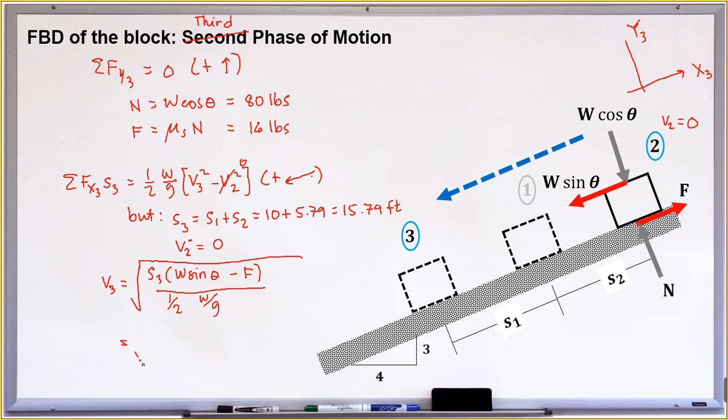So substituting the values, S3 is 15.79. Then the weight is 100. So 100 and then sine of theta, that is 3/5. So this is our theta. So 3/5 atong sine theta.